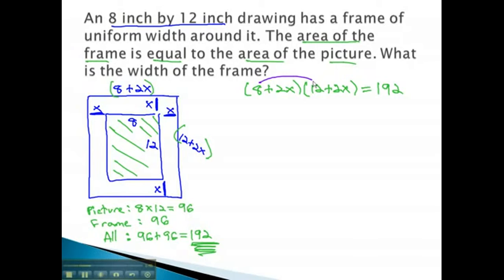We can start solving this by FOILing out what's left to get 96 plus 16x plus 24x plus 4x squared equals 192.